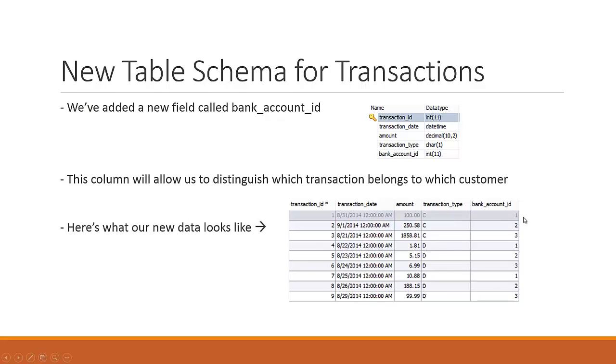We'll have 3 different transactions for each of the bank account IDs: bank account ID 1 appears once, twice, 3 times, bank account ID 2 once, twice, 3 times, and bank account ID 3 once, twice, 3 times. So if we group by bank account ID, we're going to have 3 different buckets, each with 3 different transactions.